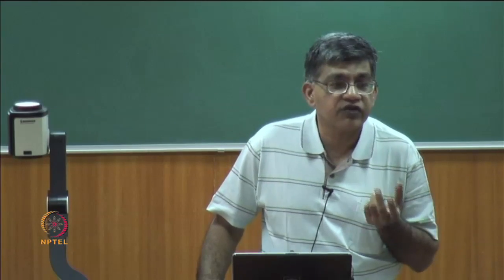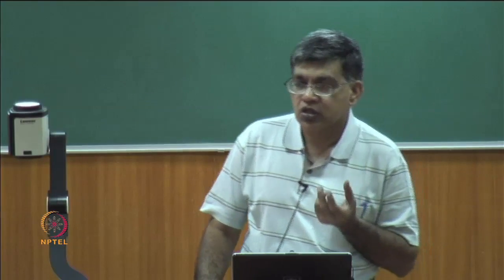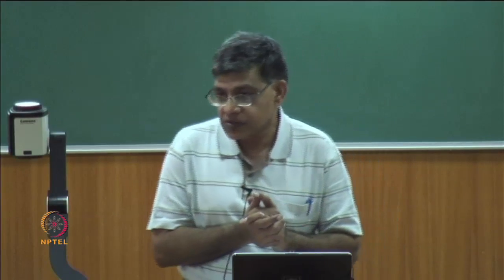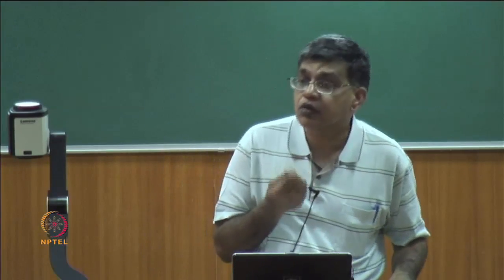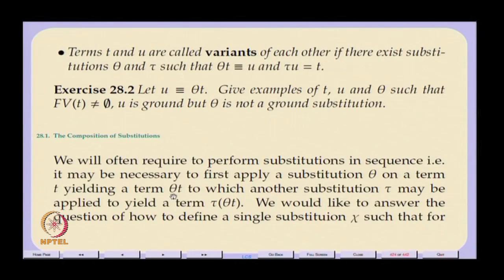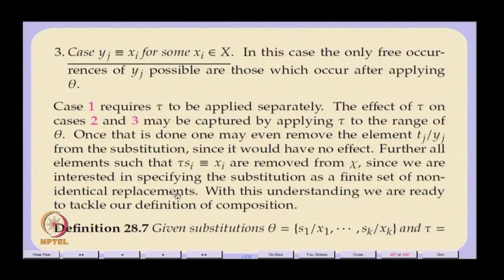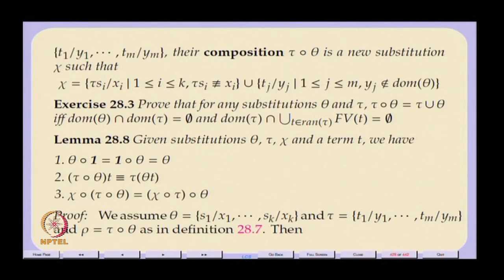What is the substitution which can be considered the composite effect of two substitutions performed in sequence? Essentially this composition operation shows that substitutions are closed under composition, and there is a huge amount of case analysis, but this composition is essentially this.